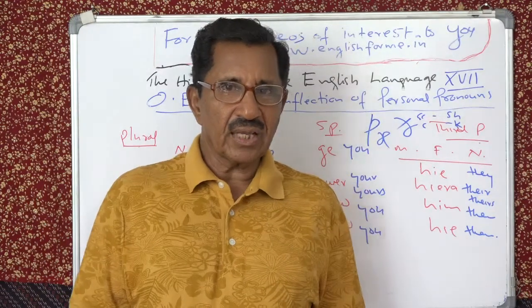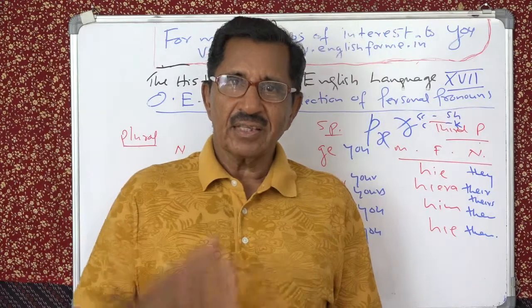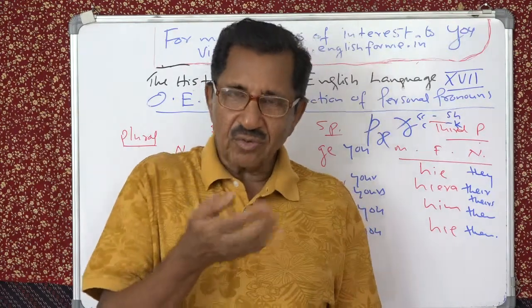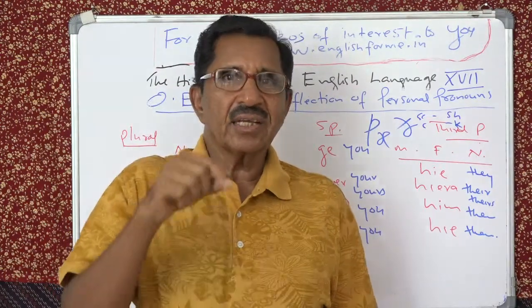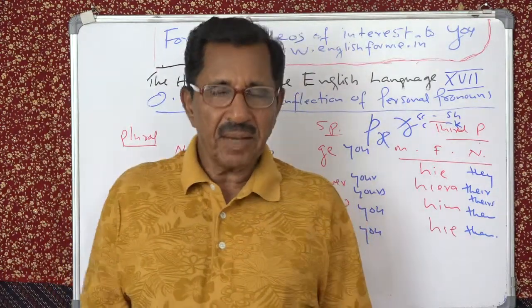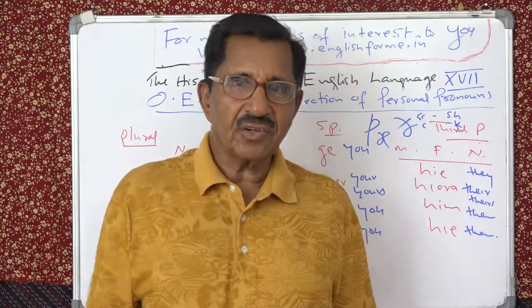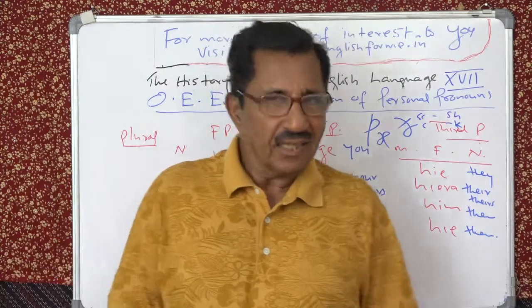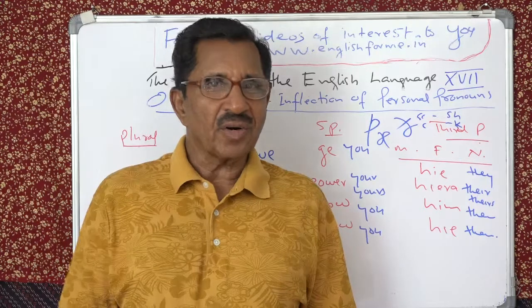We also saw the grammatical gender. In Old English, grammatical gender means gender was based on the form. So man, woman, considered male, because the word is M-A-N-N, man. That is the masculine ending, and therefore it is considered masculine, isn't it? We saw it was very illogical, not natural.